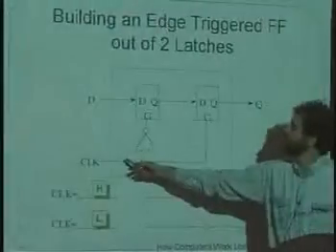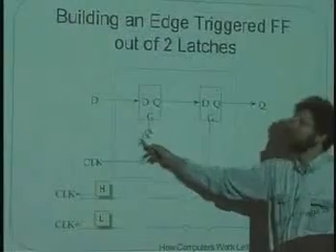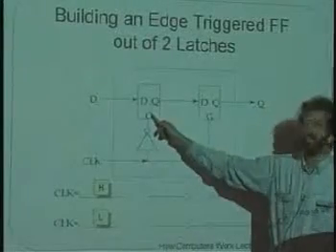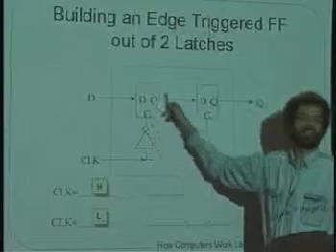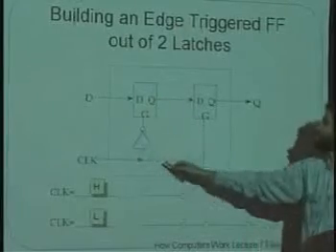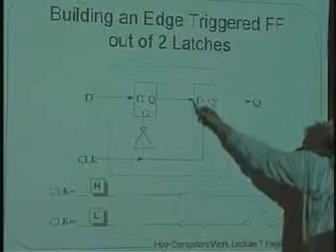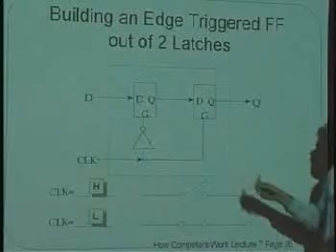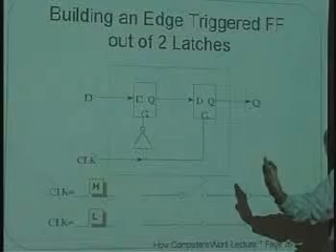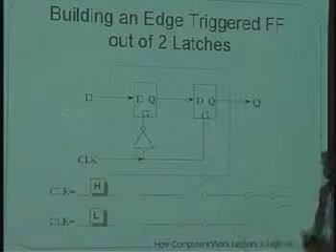The clock goes in here and goes through an inverter and goes to the gate of a transparent latch on the left-hand side. It also goes directly, without an inverter, to the gate of a transparent latch on the output side. Thus, when one is open, the other one's closed. When the other one is open, the first one's closed.